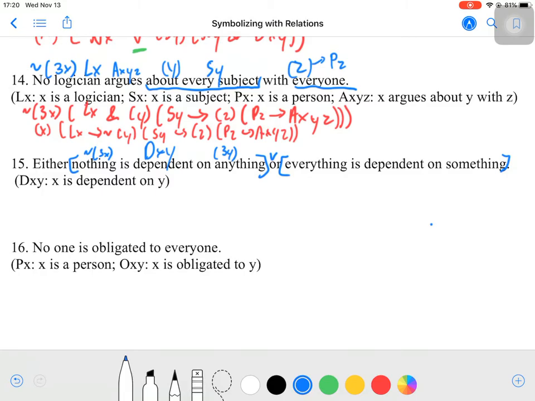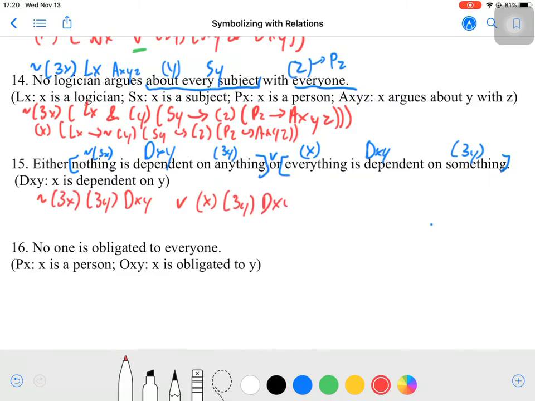Or everything, all of x, we have a something, there exists y, Dxy. So for the first part, nothing is dependent on anything: it's not the case that there exists an x such that for some y, x depends on y. Or for all of x, there exists some y such that x does depend on y.